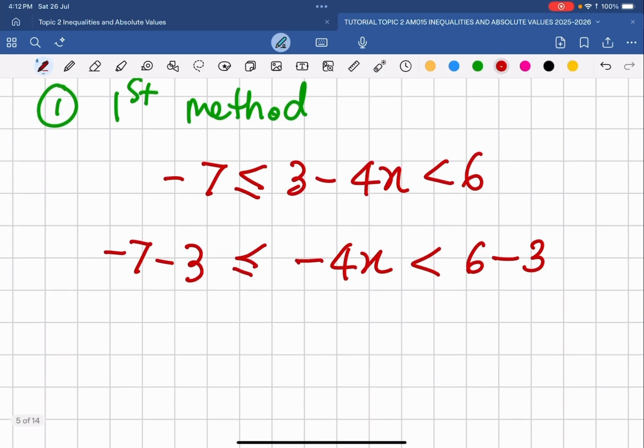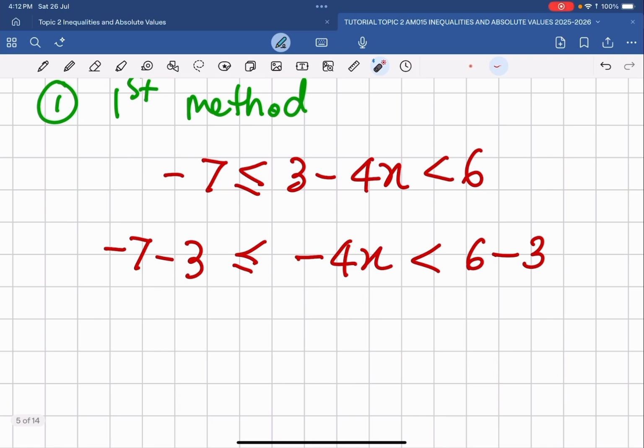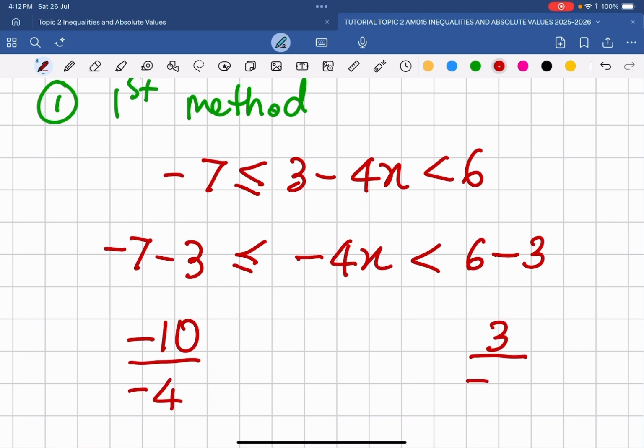Okay, so as you can see, here is negative 4 times x. So how to get rid of this negative 4? We're going to divide our negative 10 by negative 4. Okay, 6 minus 3 is 3, then divide by negative 4. So once we divide by negative 4, there will be negative 4x divided by negative 4. Then we're only left with just x.